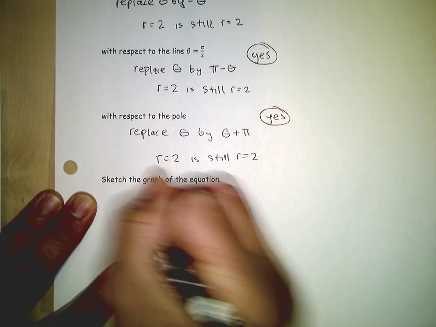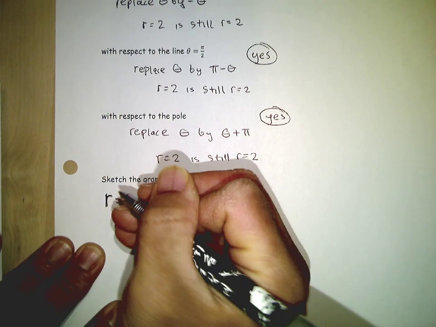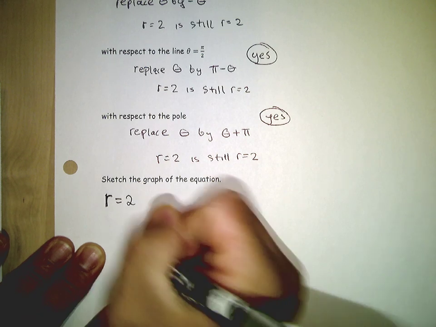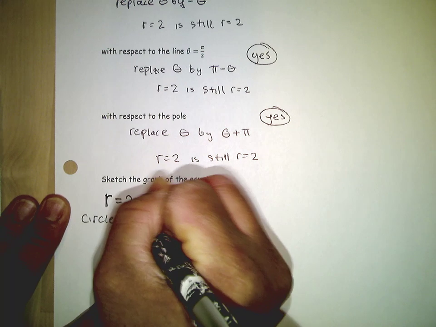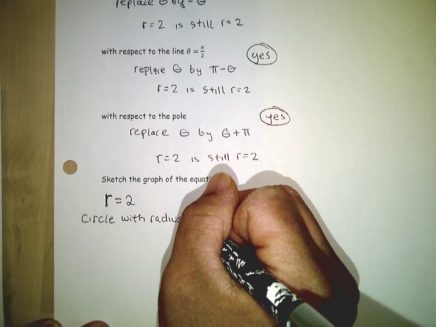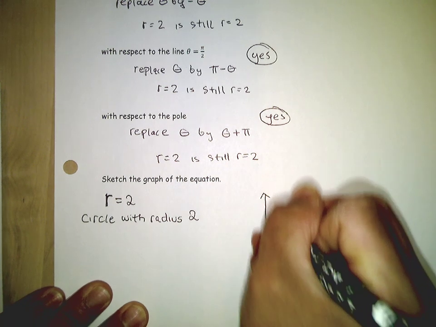So this is r equals 2. We know that this is actually a circle. Remember that this is a circle with radius of 2.